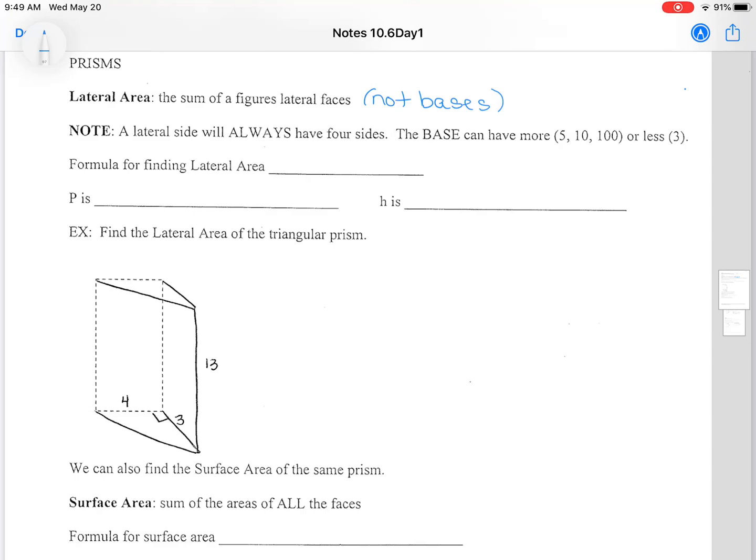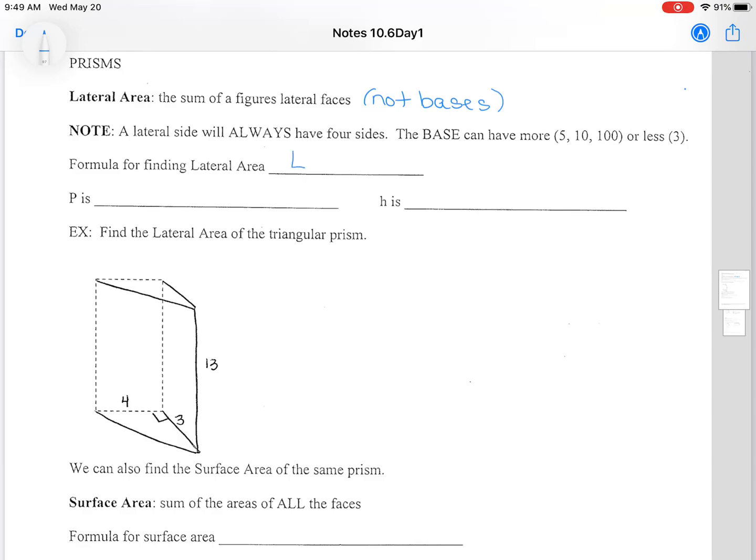So a lateral side will always have 4 sides to it when we're talking about prisms, and the base can have more. They can have 5, they can have 10, they can have 100, or less than 3. 100%, it depends on what shape you have, and you'll see a bunch of examples with this.